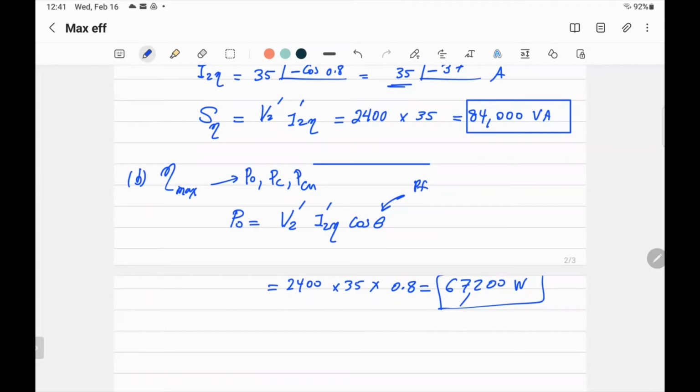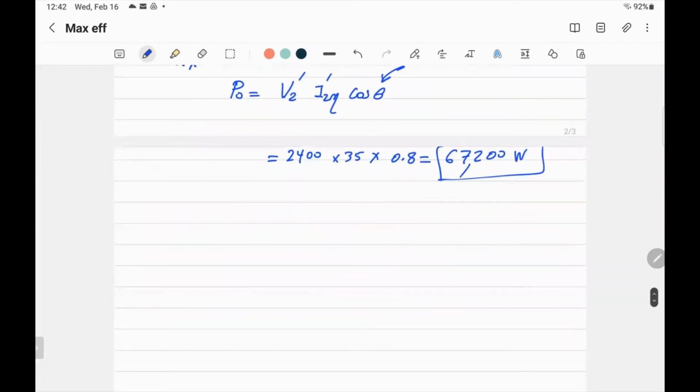But can you calculate the copper loss? Yes or no? What do you need to calculate the copper loss? Resistance, the equivalent resistance. If we're working on the primary side, you need R equivalent 1.